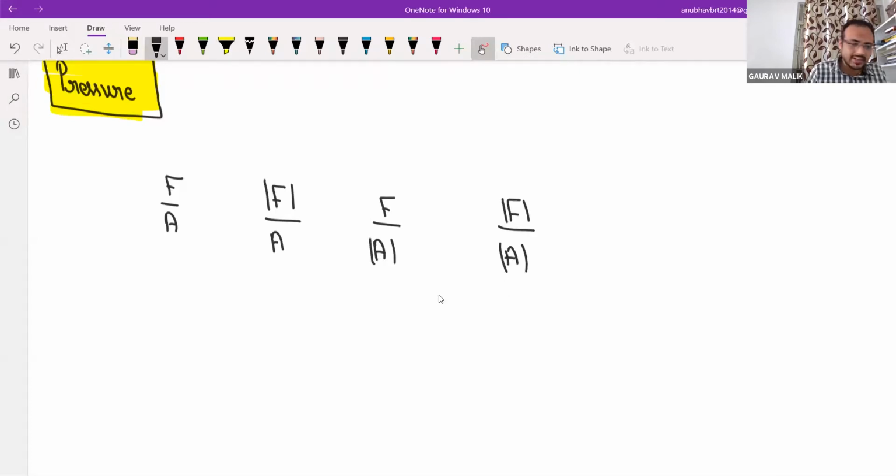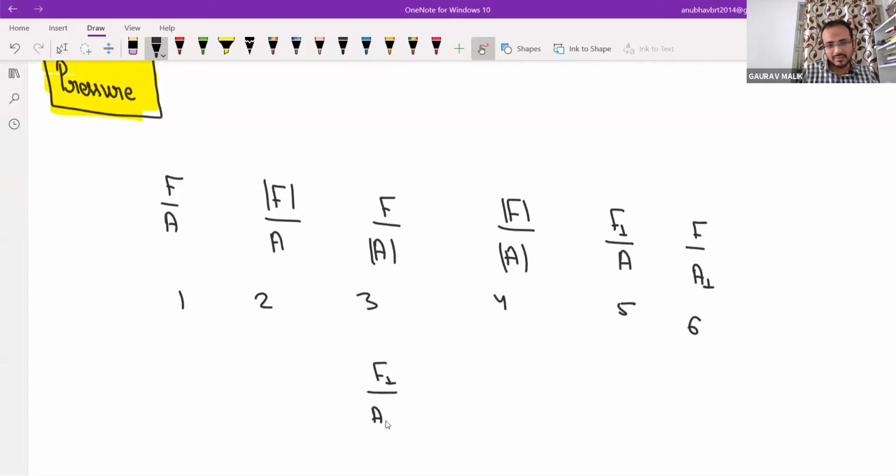But sir, we are very intelligent persons. And F perpendicular by A perpendicular. Which is the correct definition of pressure?